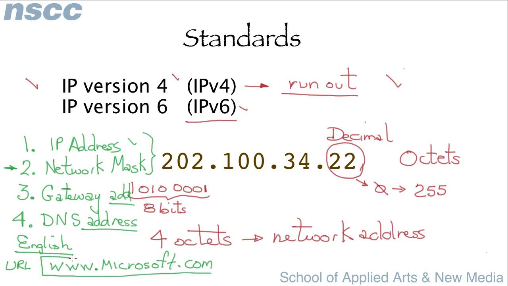So when we want a web page from Microsoft, we'll remember that we want to go to this address. There has to be a DNS service somewhere that will convert this English to a number that we can send our packet to. So DNSs are very important for using this type of notation. We'll talk about that in a bit.